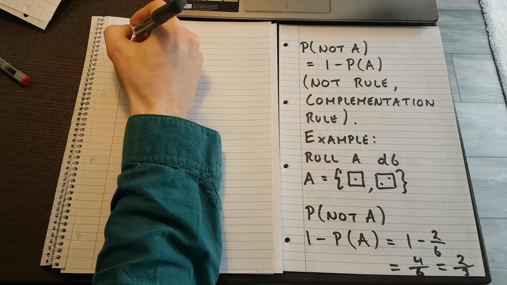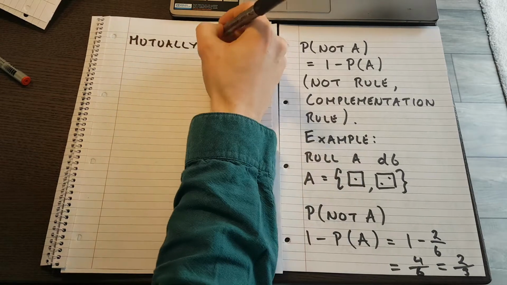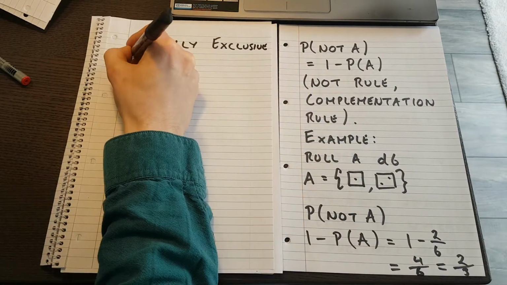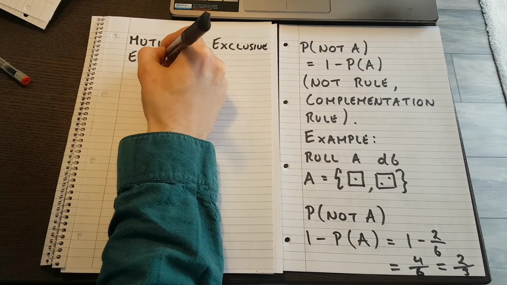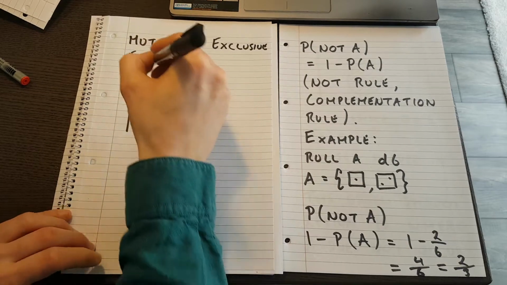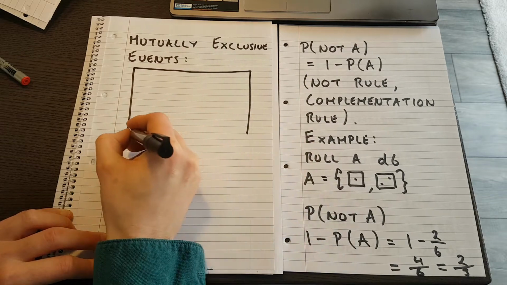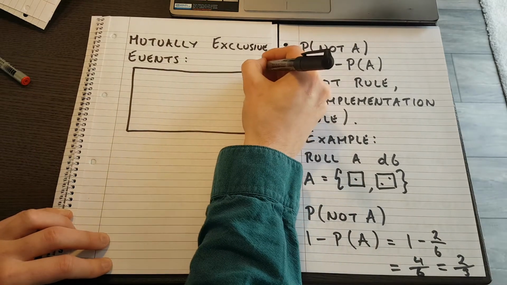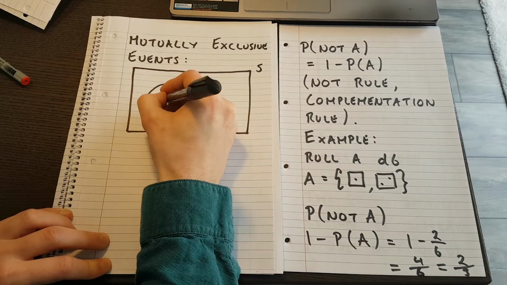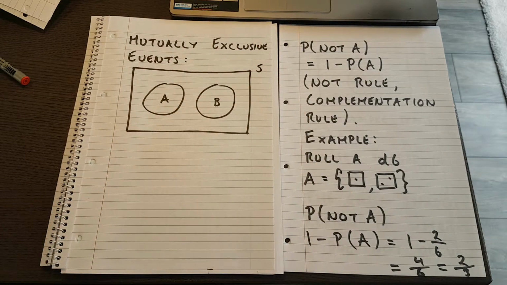So let's talk about mutually exclusive events. Let's draw my sample space here. This is S, and let's say that I have a set which is A, and I have a set which is B, and these do not overlap.